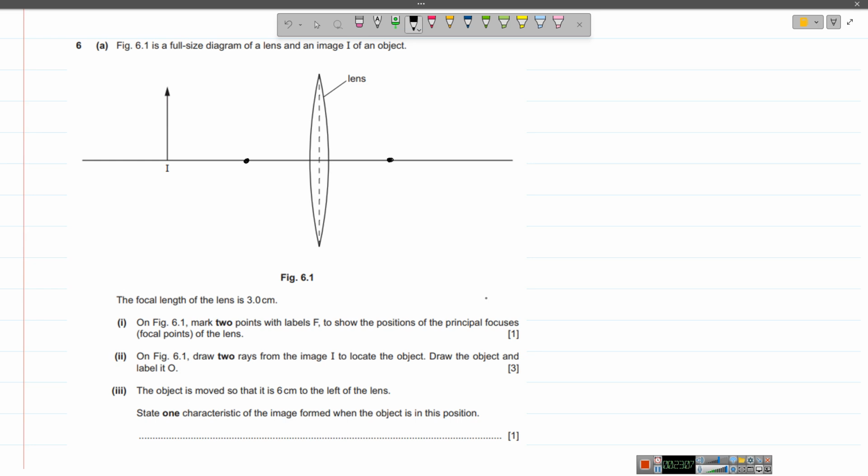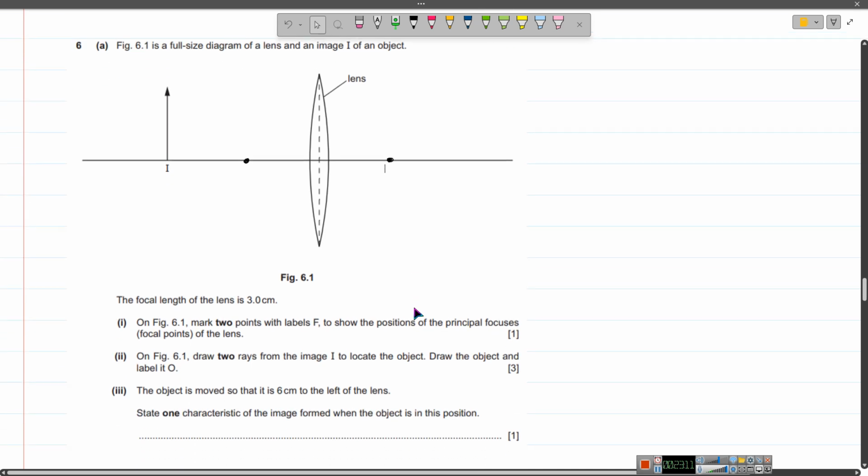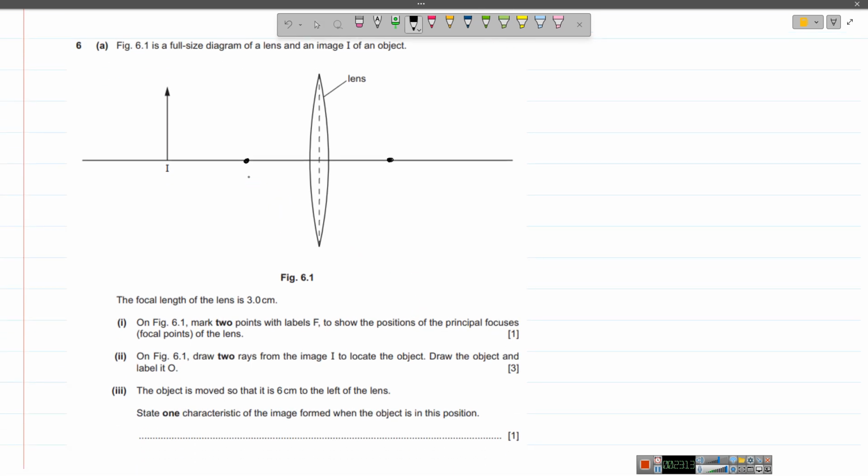So it's not a scale diagram, right? So we can just mark 3 points, and one always goes straight to the lens, right? One through the focal point, right? Whatever way, I mean, if you have marked 3 centimeters, I'll just mark this as 3 centimeter, right? Closer. And then one goes straight, right? So the object is somewhere here.